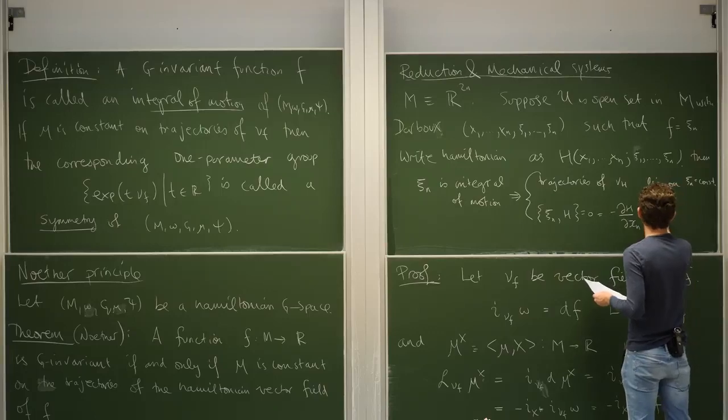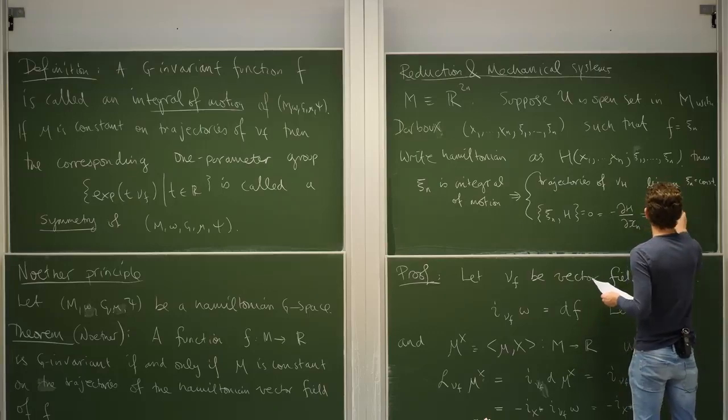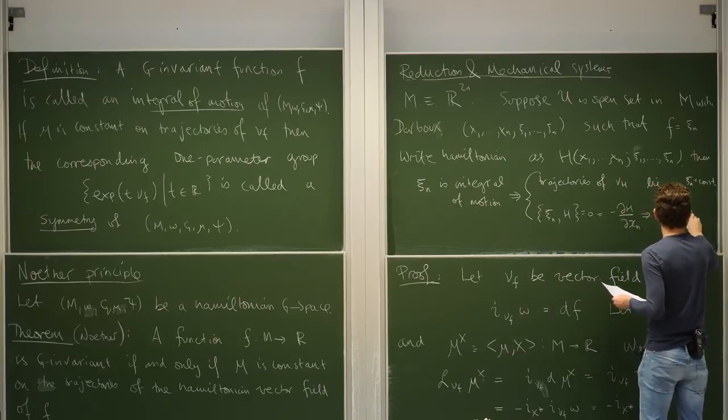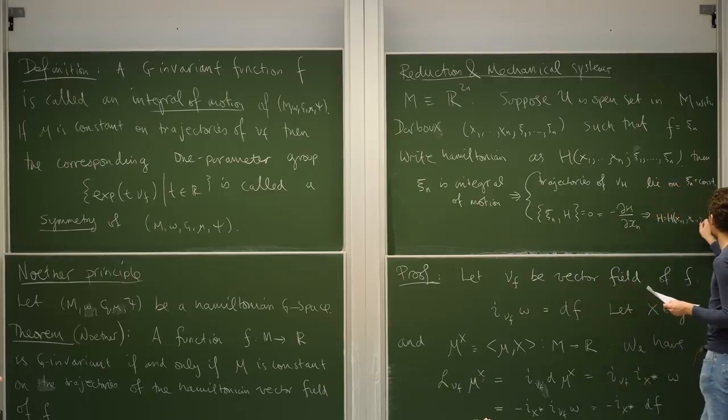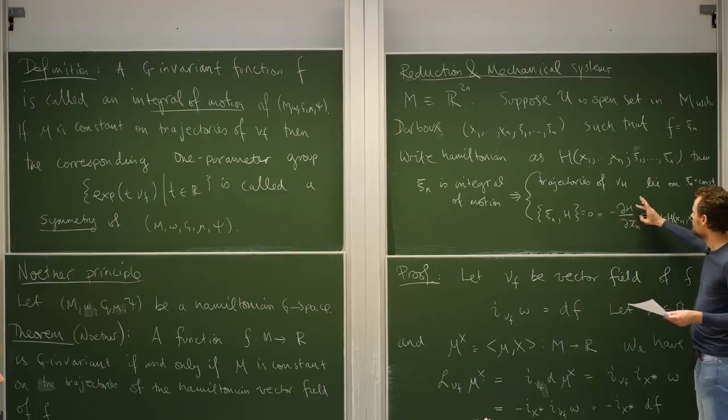And so what does this tell us? Well, it tells us that h is really a function only of n minus 1 coordinates and n of these conjugate coordinates, psi 1 up to psi n. So we know at least that h doesn't vary with respect to xn.